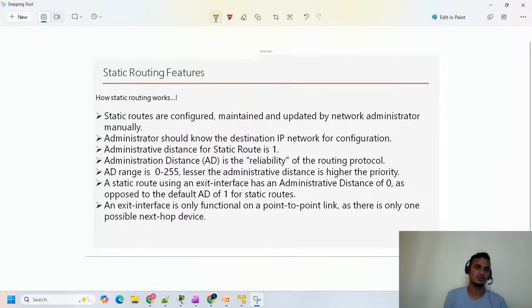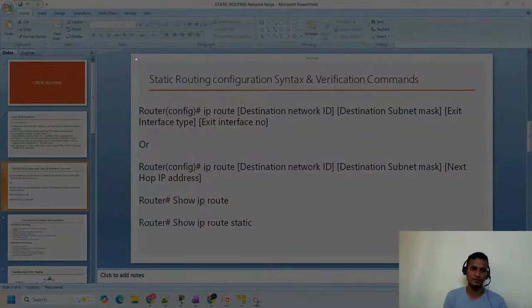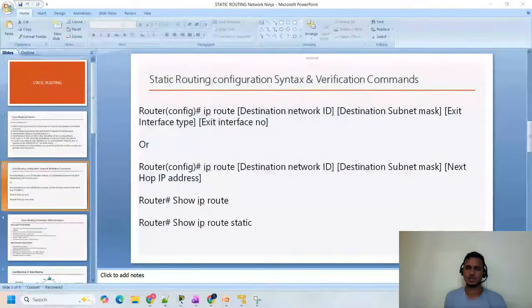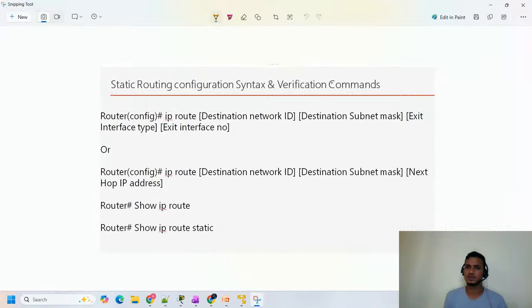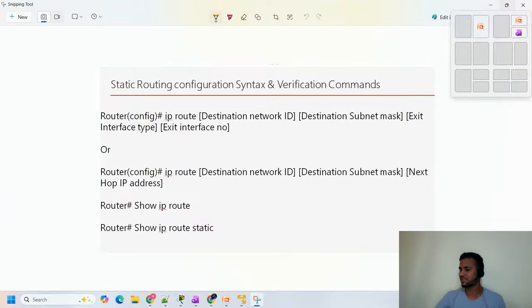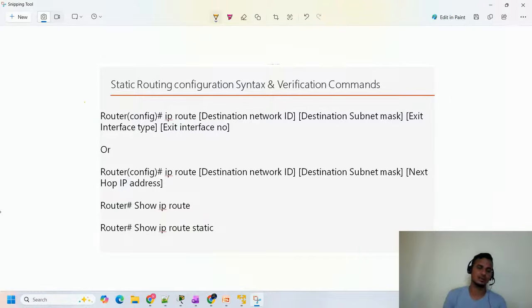The administrative distance, or AD value, of a static route is 1, and AD stands for administrative distance. The range of the AD starts from 0, and the AD value of a directly connected interface is 0.